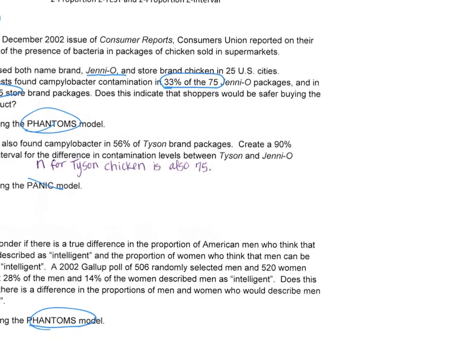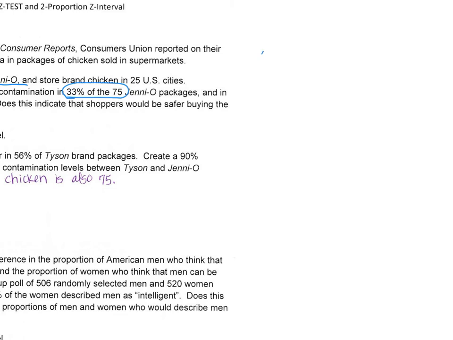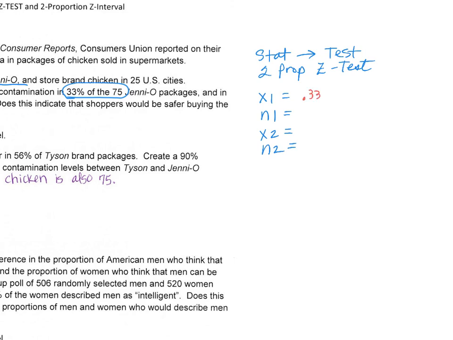So here's my point. I want to go to your calculator. When you go stat over to test and you do a 2-proportion z-test, let's have a little discussion about x1, n1 and x2, n2. x1 is going to be 0.33 times 75. The way you get this is 33% of 75, and if you hit enter, that gives you 24.75.